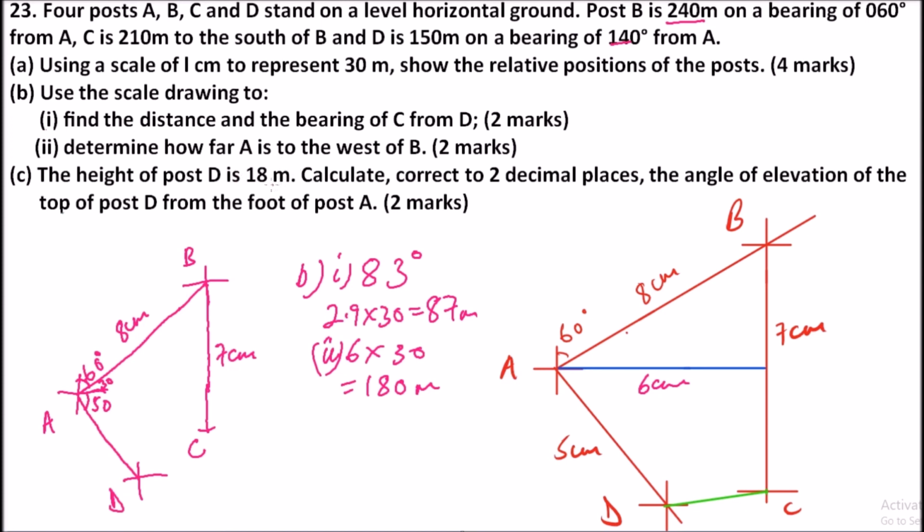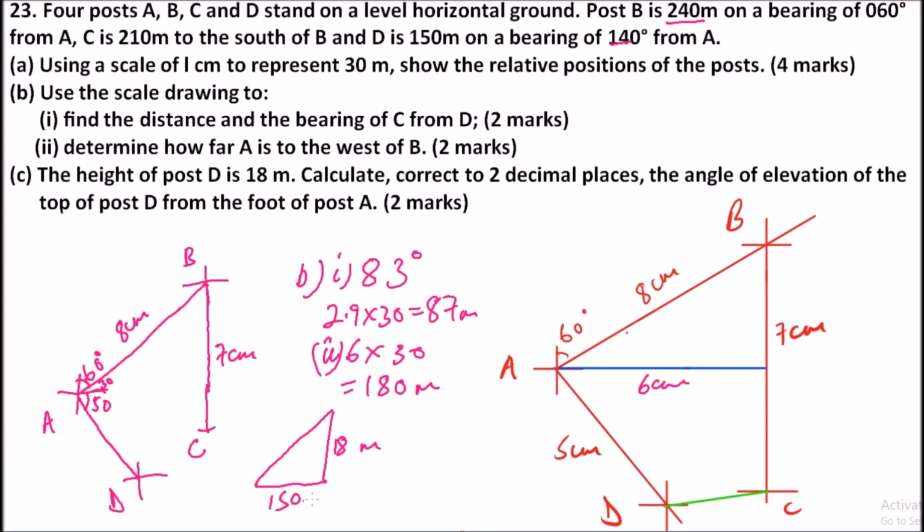Then finally C, that the height of the post D is 18. Calculate, correct to 2 decimal places, the angle of elevation of the top of post D from the foot of A. So we can use this triangle. This is how it looks like. So this is post D, which is 18 meters, and from here we are told that this distance is 150.